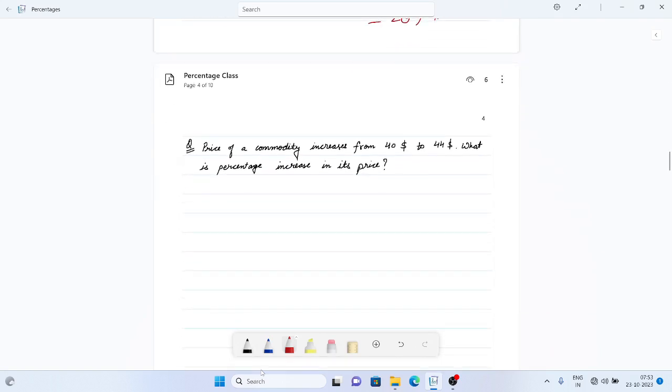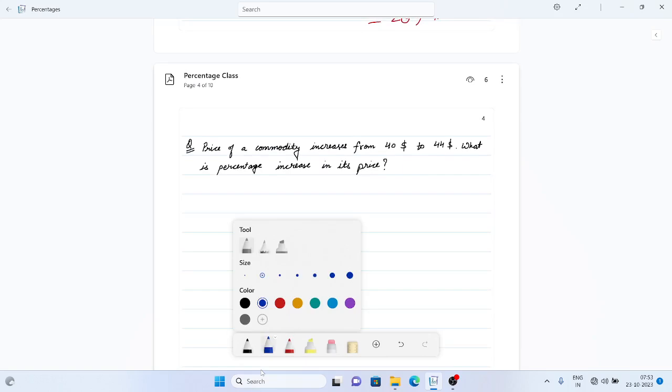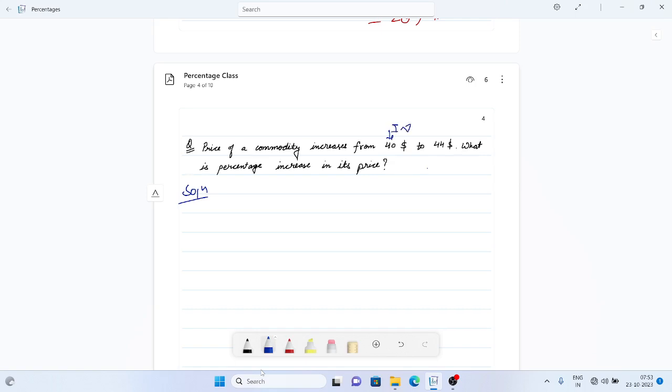Okay, so now come to the question. Price of a commodity increases from $40 to $44. What is the percentage increase in its price? First we have to find the initial price and final price, and then put the formula. The initial value is 40, the final value is 44.